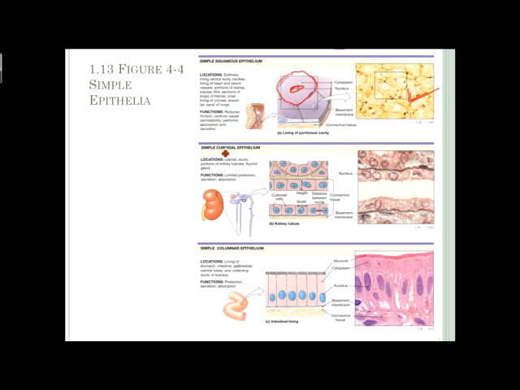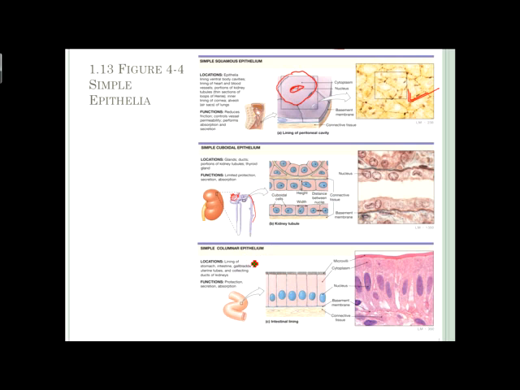And then we have simple cuboidal epithelium, which again is one cell layer thick. An example of this is in the kidney tubules and ducts, cuboidal cells. This is where water maneuvers. You have a glomerulus, proximal tubule, loop of Henle, distal tubule. So how your body forms urine moves through these cells called simple cuboidal epithelium.